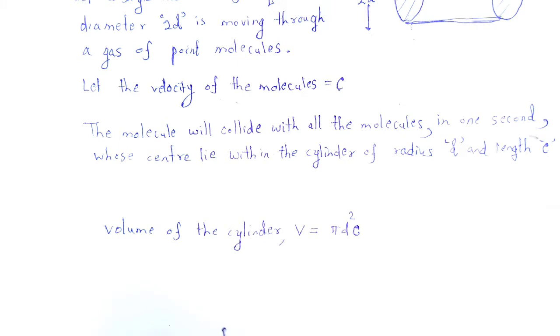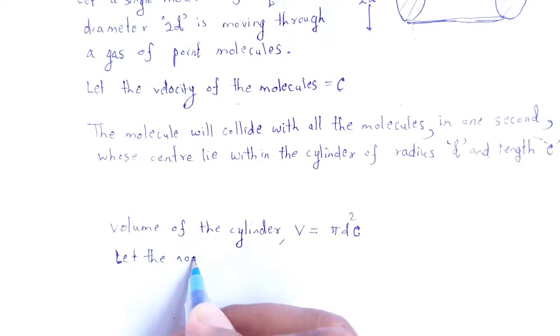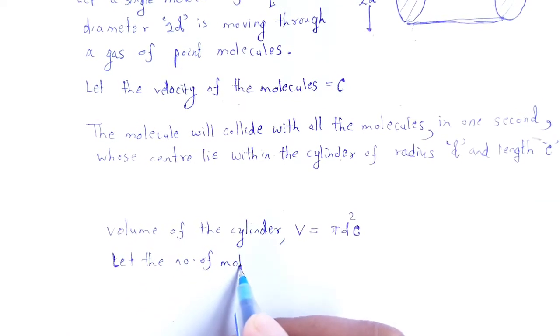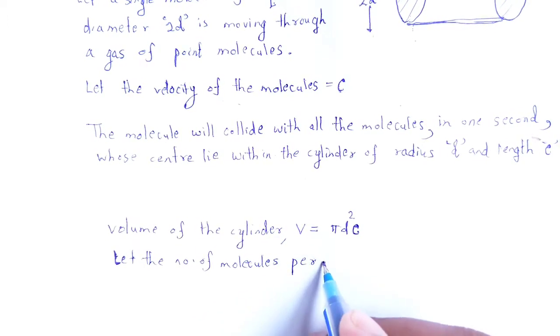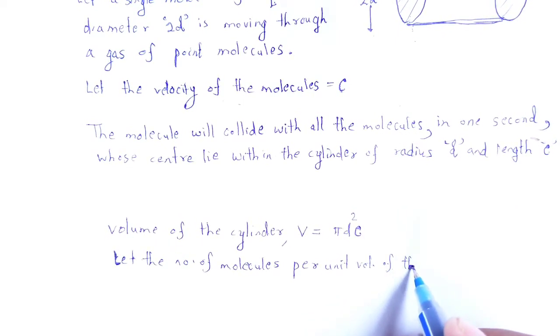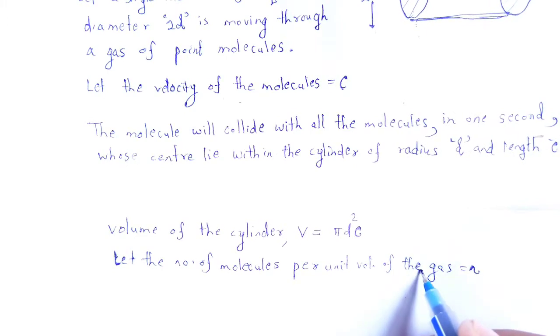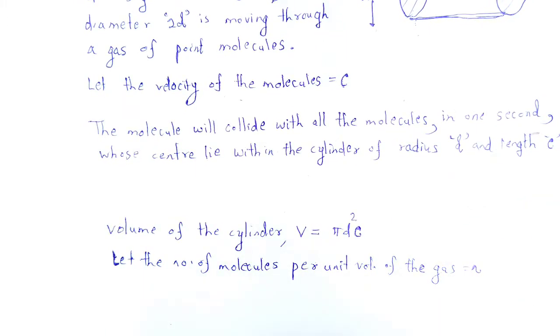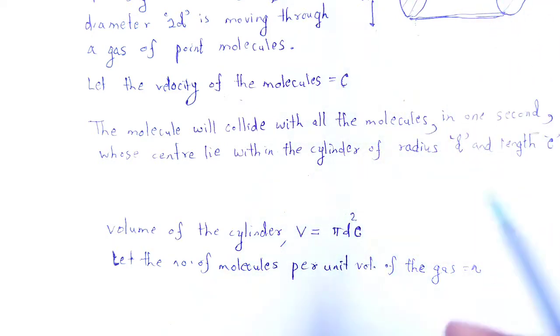Let the number of molecules per unit volume of the gas be small n. Small n is the number of molecules per unit volume of that gas.